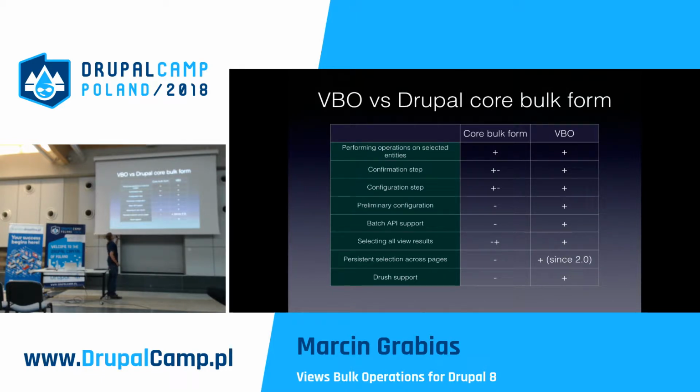Now, let's compare the Drupal core bulk form and Bulk Operations. With both we can perform operations on selected entities. We can have a confirmation and configuration step in both, but in the case of the core bulk form it's actually a workaround, because we use the confirm form route.